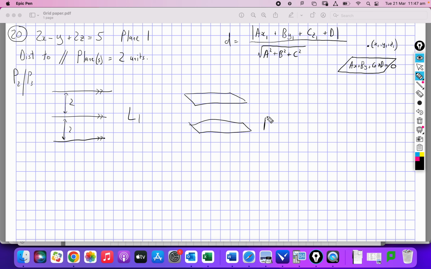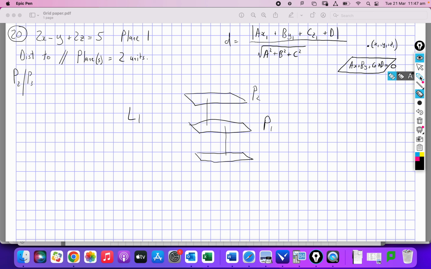So they're giving me this one, P1. There's some distance there to P2, but then there could be a P3 underneath that's also parallel, and it's the same distance. The good thing about these being parallel is that we know most of the equation.